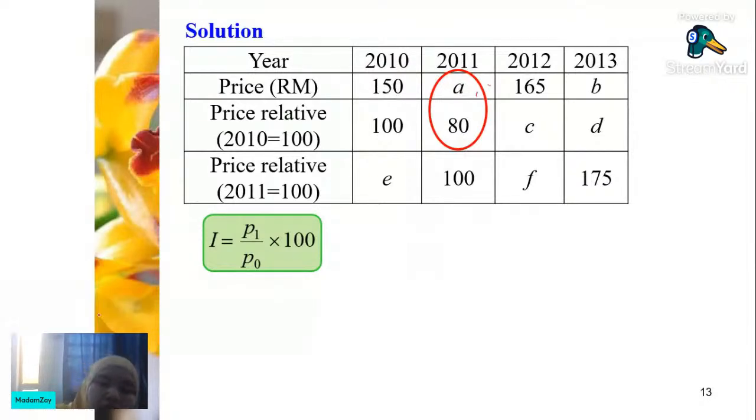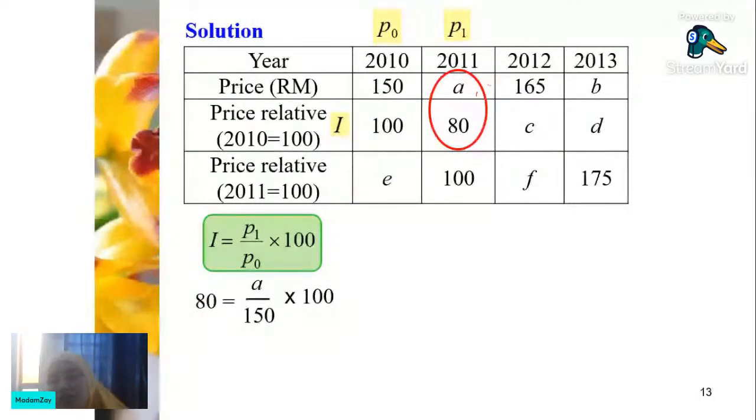P1 is A, and P0, the base year 2010, is 150. So 80 is equal to A over 150 multiplied by 100. So A is equal to 120. Now we have found the value of A.